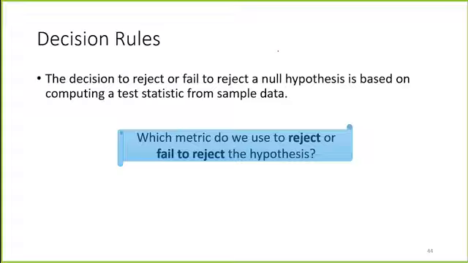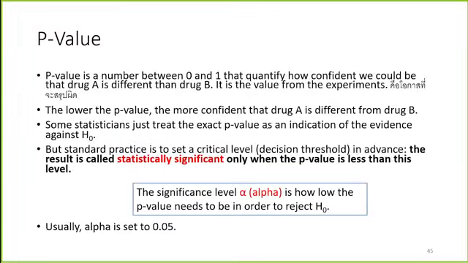This metric needs to come after we do experiments, and it is called the p-value. The p-value, the chance of concluding wrongly, comes from the experiment, not from setting. Alpha is the value we set beforehand, saying this is how much I can accept, while the p-value is the actual value from the experiment, between 0 and 1. It is like a probability, the chance of concluding wrongly.